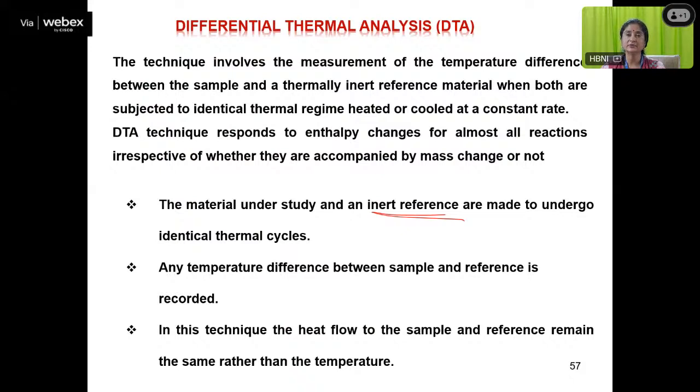Any temperature difference between the sample and the reference is recorded. In this technique, the heat flow to the sample and the reference remains the same rather than the temperature. So the heat you are flowing will remain the same for the reference and for your sample. With a particular temperature given, the temperature change in your reference versus your sample is measured here, and from that you can calculate your data.